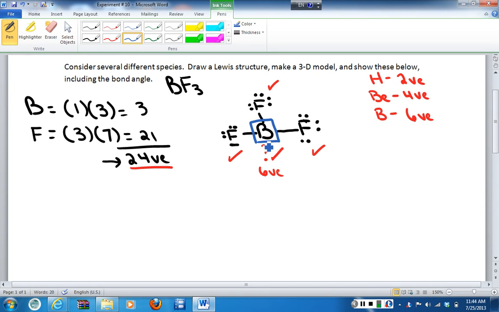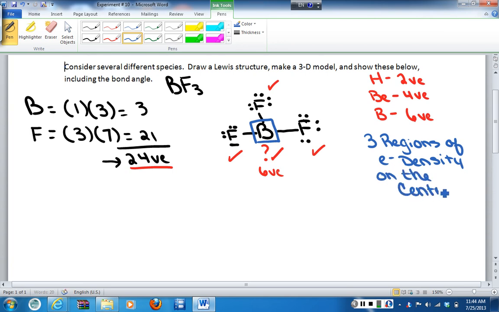And what we see for this molecule is that there's 3 regions of electron density on the central atom. And remember, we're concerned only with the central atom for these 3D models.